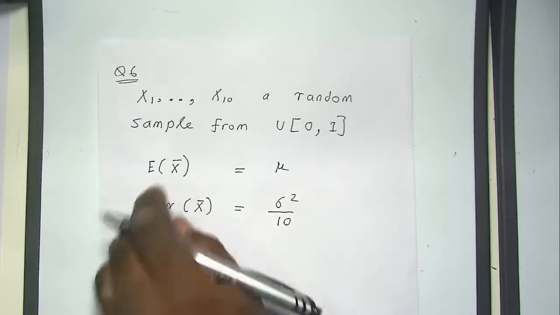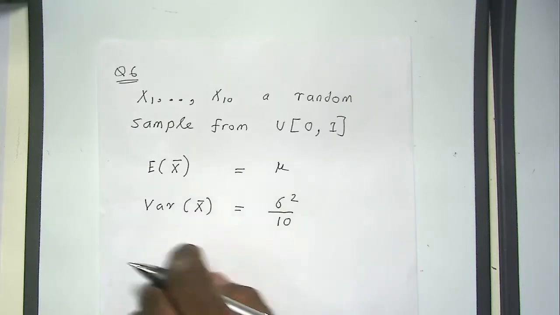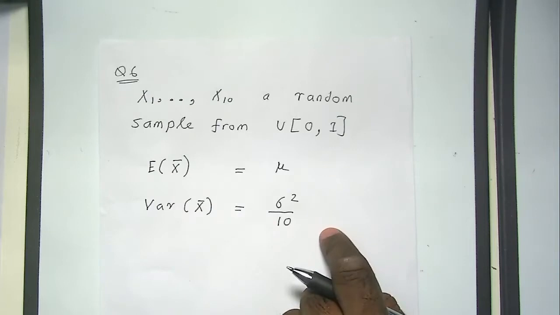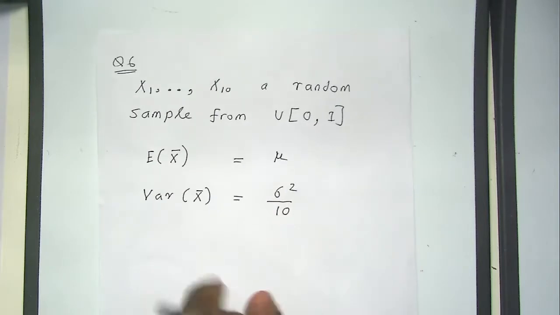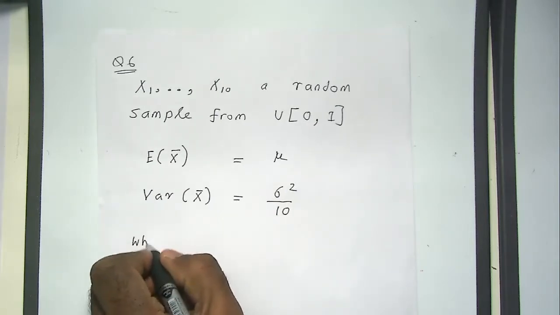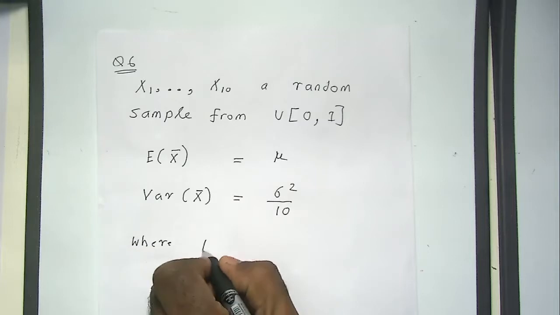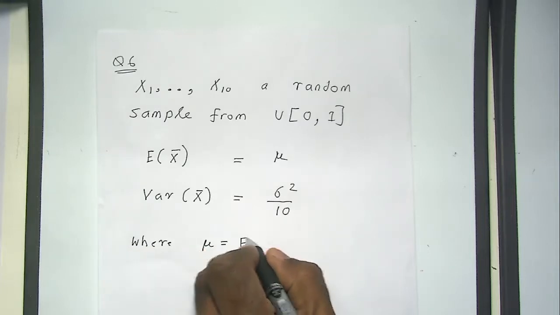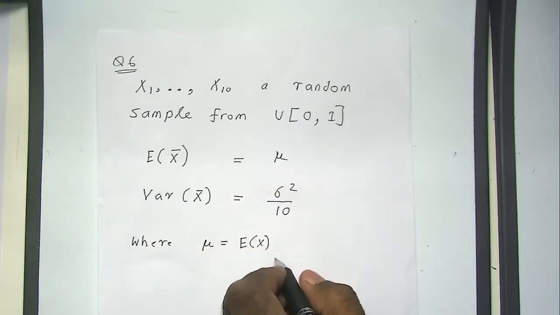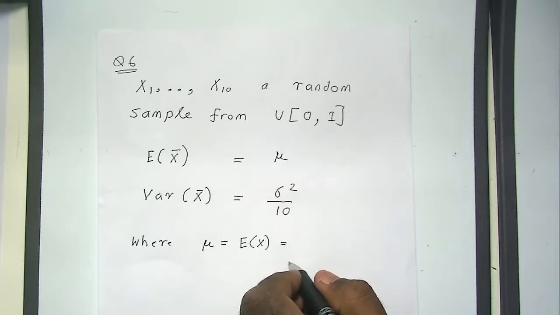Do you see this or not? If you look at the handwritten notes, can you see these two? Where mu is the expectation of x, so the expectation of a uniform variable between 0 and 1. Do you know the expectation of uniform 0, 1?